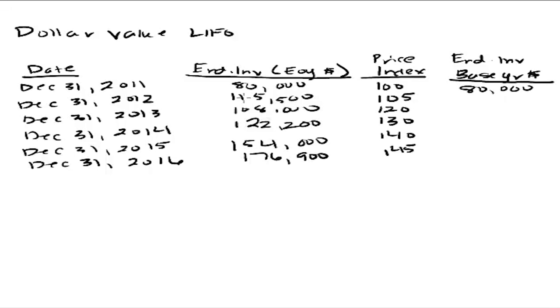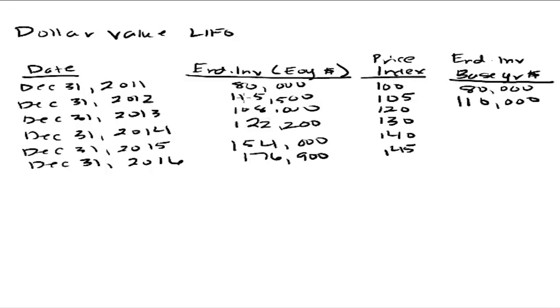If we take 115.5 and divide it by 105%, or 1.05, the price index, that's going to convert this back into base year dollars, because for this year it's 5% more. So when we divide 115.5 by the price index, that's going to give me in base year prices $110,000.